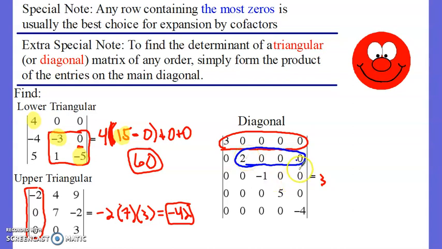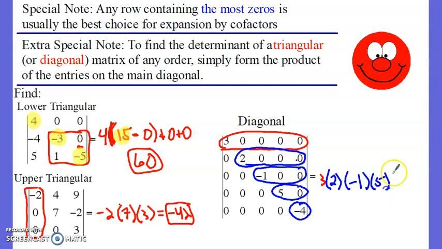And then a lot of zeros and a lot of zeros. Basically, what it's going to come down to is just multiplying 3 times 2 times -1 times 5 times -4, which is 6, -6 makes -30, makes positive 120, and we've got our answer.